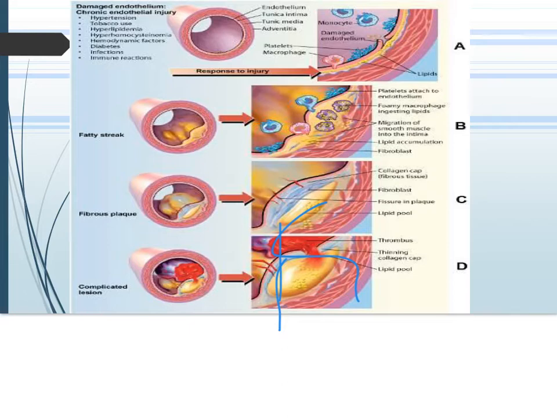The fat deposits actually invade or build up on what we call the intimal lining of the artery. Remember, you have 3 layers to the artery. The intimal is the most inner layer.